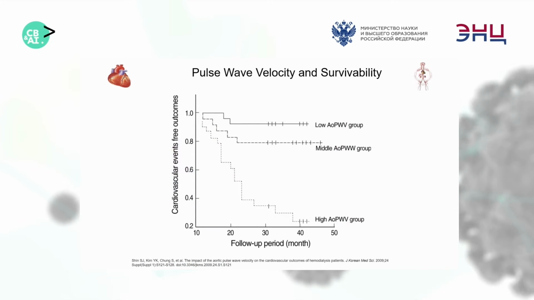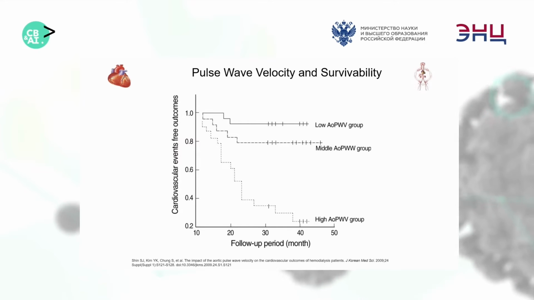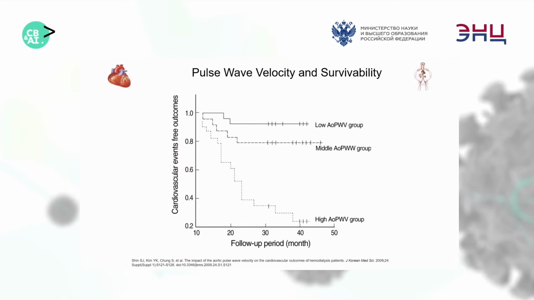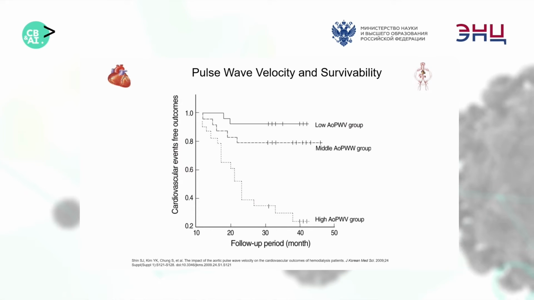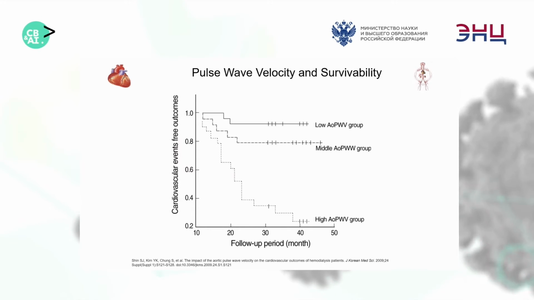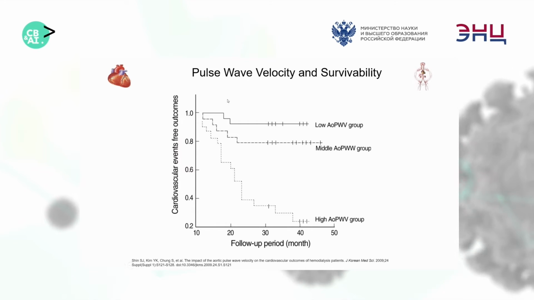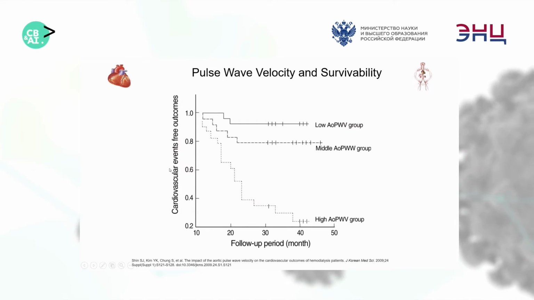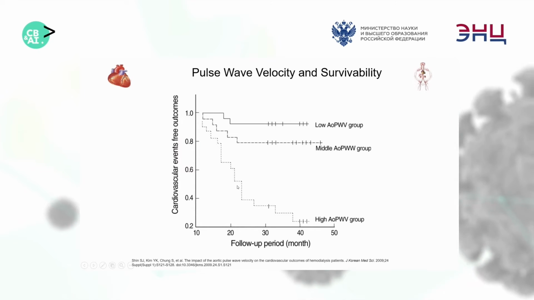And if we are able just to calculate pulse wave velocity, the velocity of propagation of these pulses, this would be a very huge success, because pulse wave velocity is a very important diagnostic parameter by itself. Here you can see a graph that shows survivability, or the rate of cardiovascular event-free outcomes, for patients with hemodialysis.